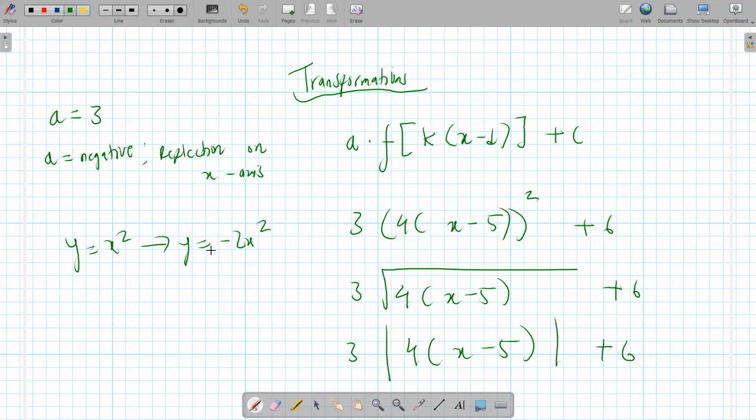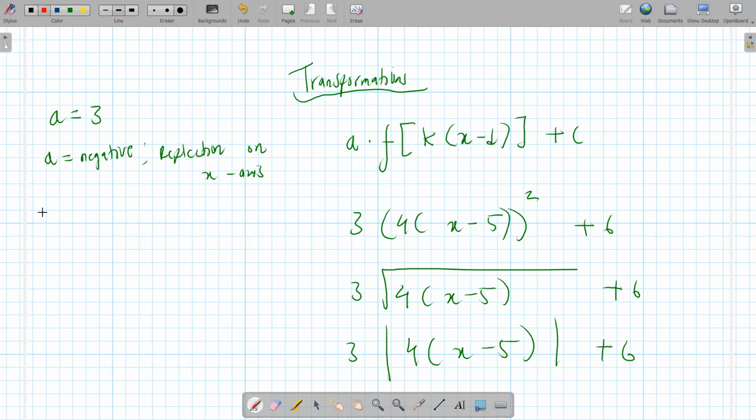What is the a value? -2. Exactly. So y equals x squared looks like this. So y equals negative. See, y is negative. It's going to flip upside down. So that's called a reflection in the x-axis. If a is negative, that's a reflection on the x-axis.